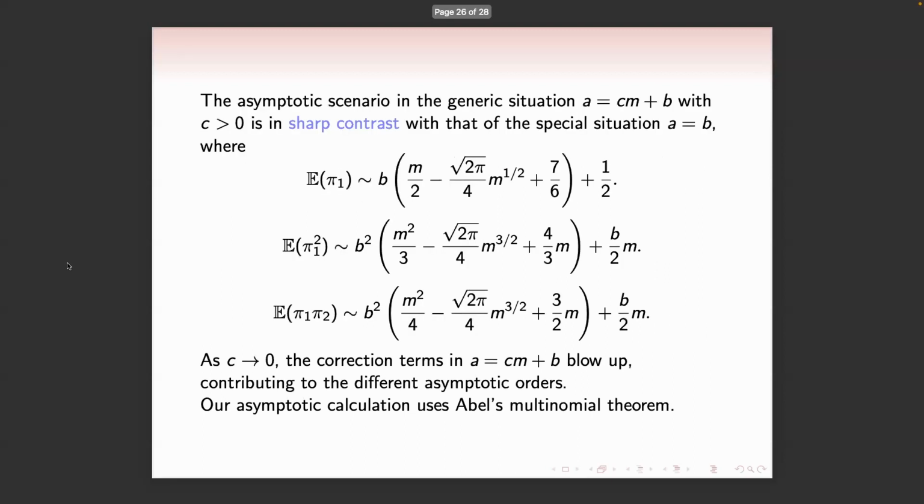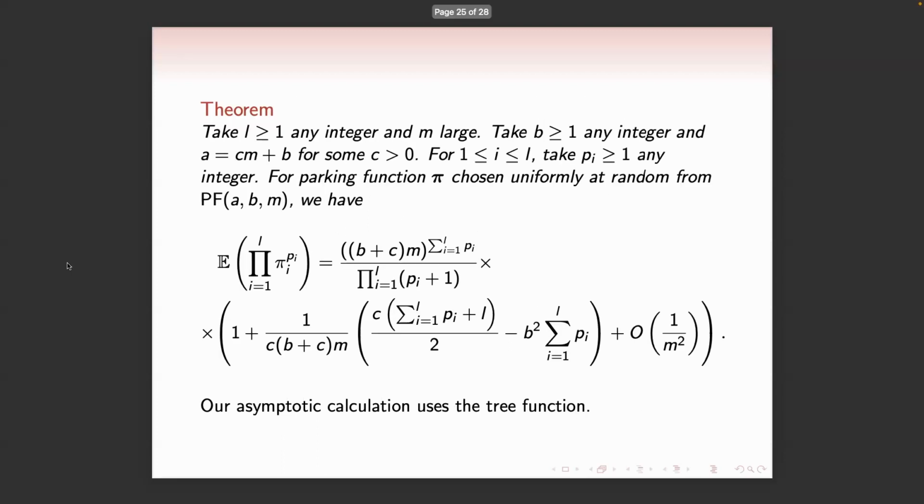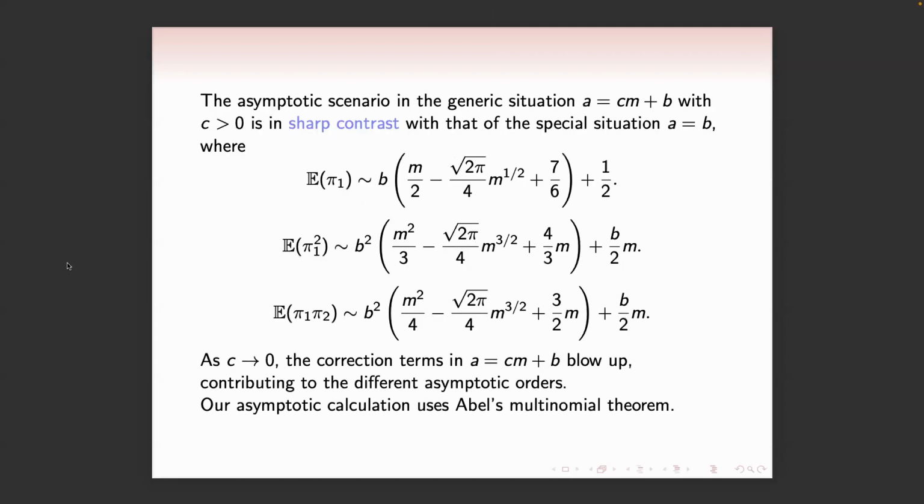The second looks like this. This is the situation when P is equal to 0, and we can see there is a phase transition in the correction term. When P is greater than 0, the space correction term is all the ground, and therefore, P equal to 0 has a big jump in the correction term.